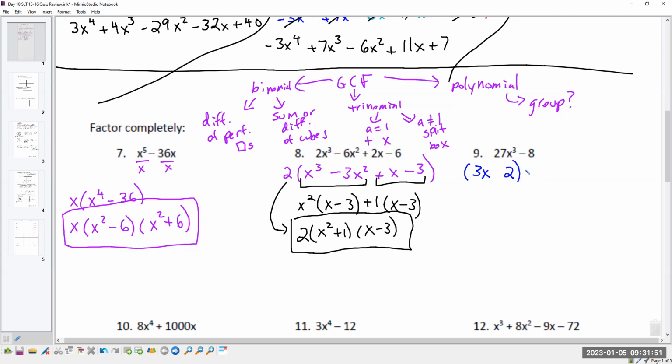Now we're going to square the 3x. 3x times 3x is 9x squared. 3x times 2 is 6x, and 2 times 2 is 4. Then we remember that factoring pattern, SOAP: the same sign, this is positive, the opposite sign, and always positive. 3x minus 2 can't be factored any further, so number 9 is complete.